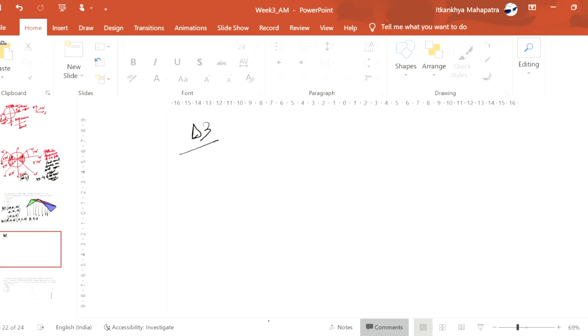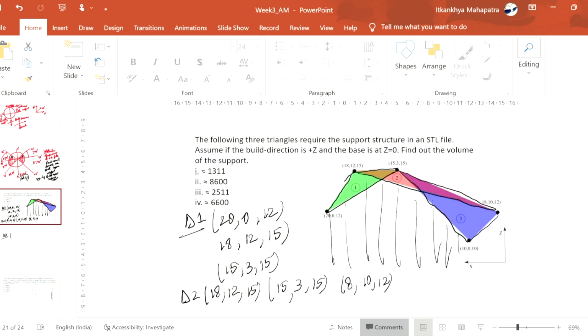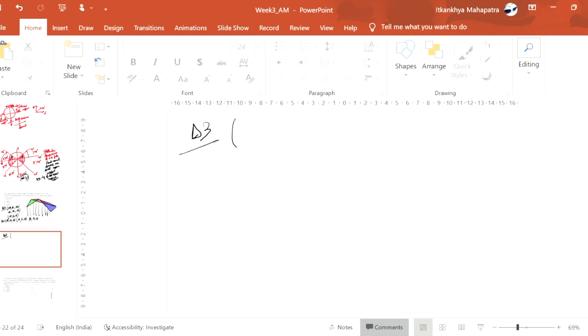Triangle 3, it will be 15, 3, 15, 10, 0, 10 and 8, 10, 12.